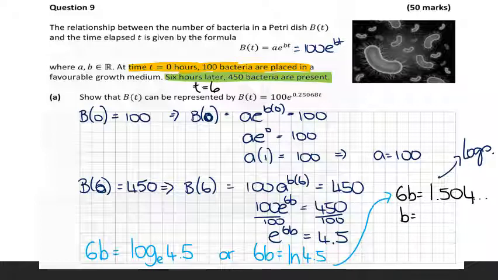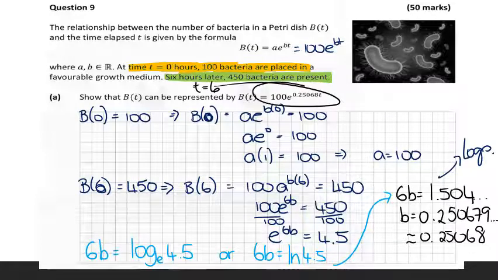Dividing both sides by 6, I get 0.250679 and so on, which rounds to 0.25068. Okay, so I found A and I found B, and I can sub those back in to get that.